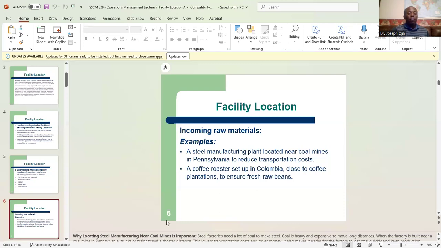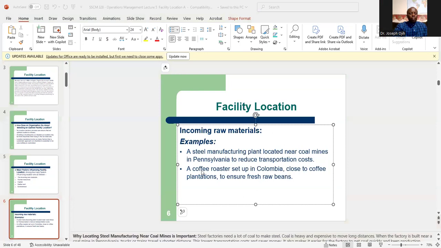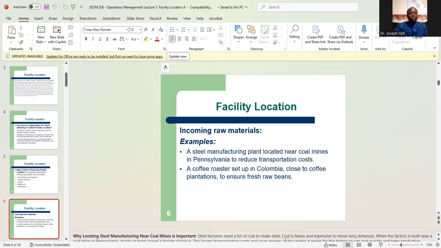So let's look at the incoming raw materials as a factor when it comes to location. I'll give an example with a steel manufacturing plant that is located near coal mines in Pennsylvania. I know that this is an age of green revolution where coal is no longer as important as it used to be. But it is still a fact that coal is heavy and expensive to move. A company that makes steel needs a lot of coal to make steel.